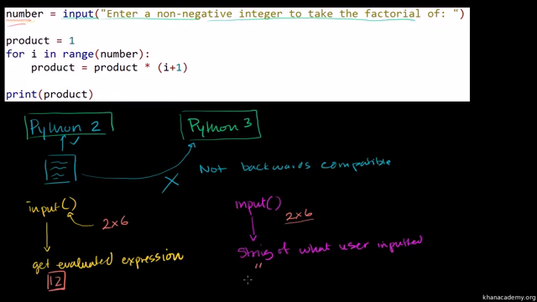It is going to be a string of characters that says 2 times 6. So this is this string, and string is really, you can just view it as a string of characters. You can kind of view it as some text that's not actually interpreted in any way. So it'll actually return that string of characters, and then you'd have that string of characters put here in number, and then the function here range would break down, because it's like I'm trying to take the range of a word, not a number here. So that's why it would break in Python 3.